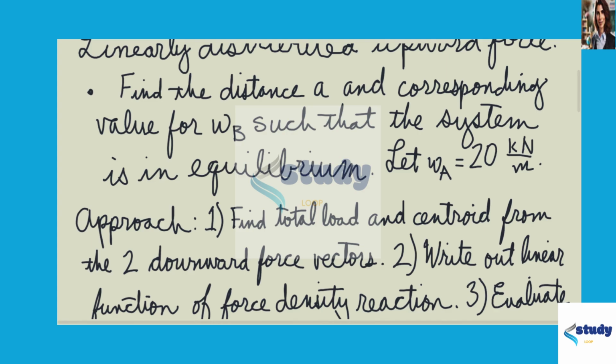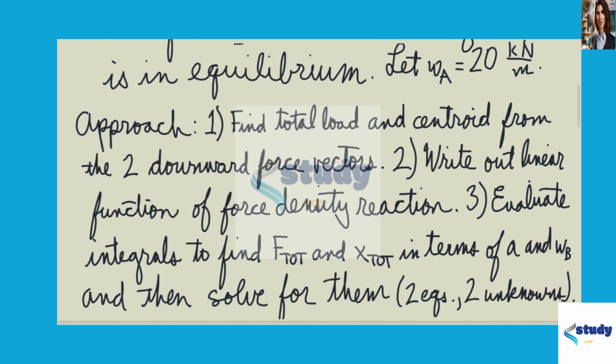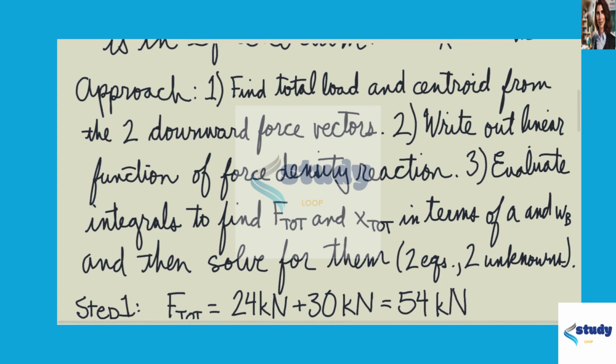And as already said, we're given this time, as opposed to the previous problem, W sub A equals 20 kilonewtons per meter. We will first find the total load and centroid from the two downward force vectors. Then we will write out a linear function of the force density relation of the upward facing reaction force.